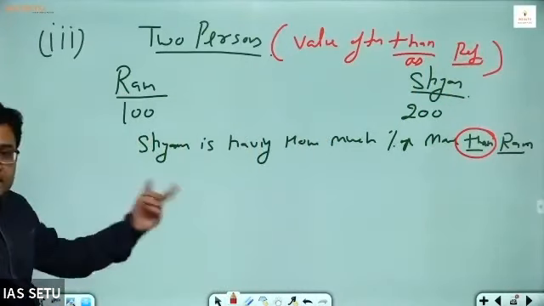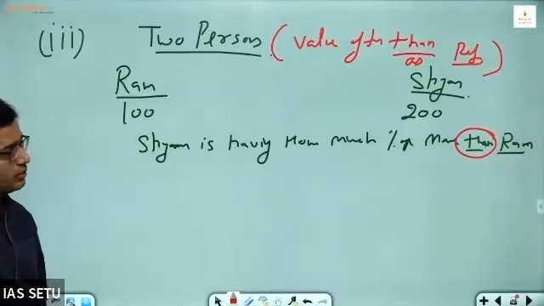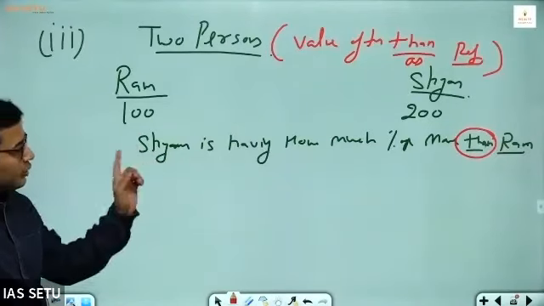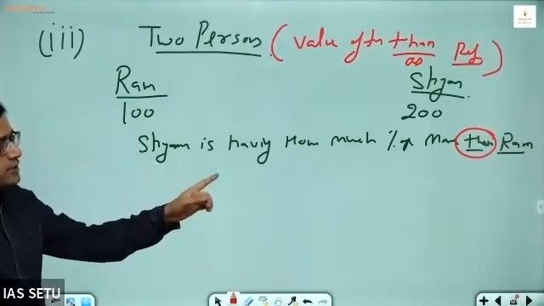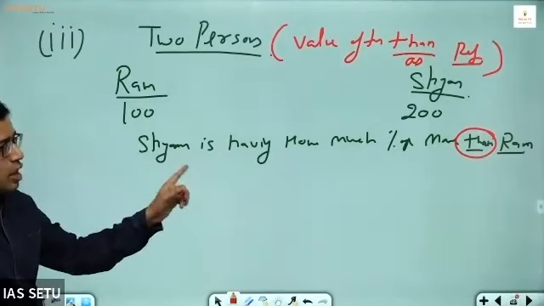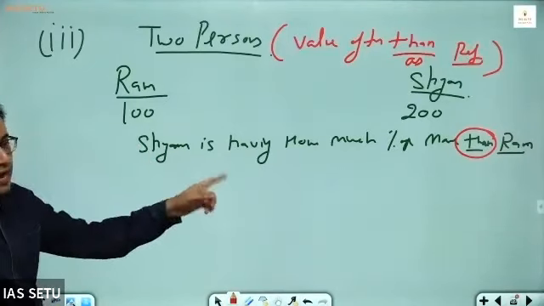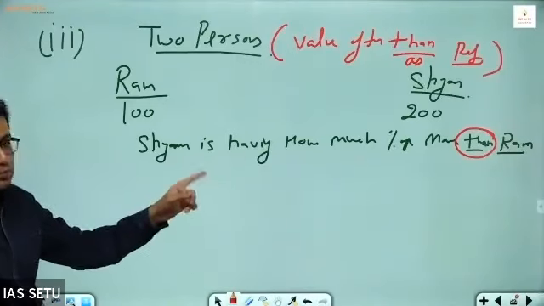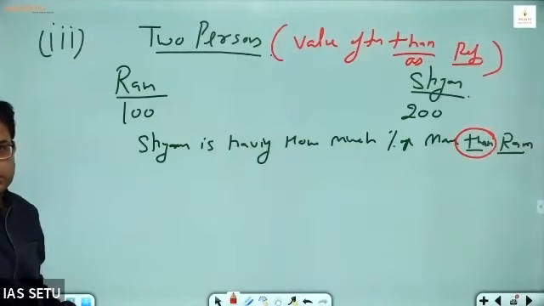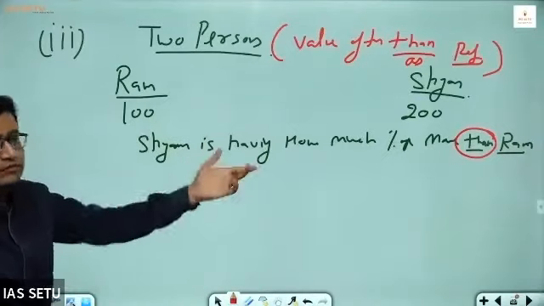Then Ram, as compared to Ram, with respect to Ram. Whatever comes after 'as compared to' becomes the reference. See what the question is: Sham is having how much percentage more than Ram, how much percentage more as Ram, how much percentage more as compared to Ram. So the value after 'than' becomes the reference.